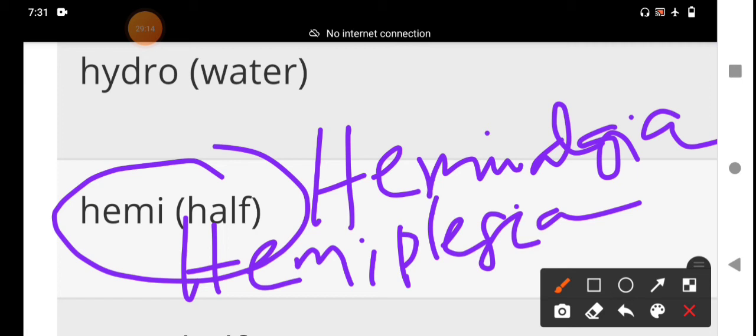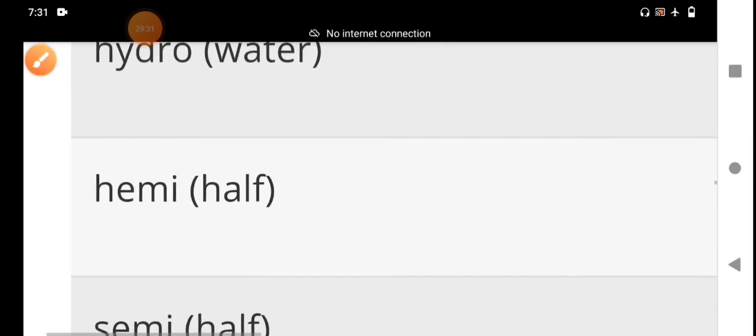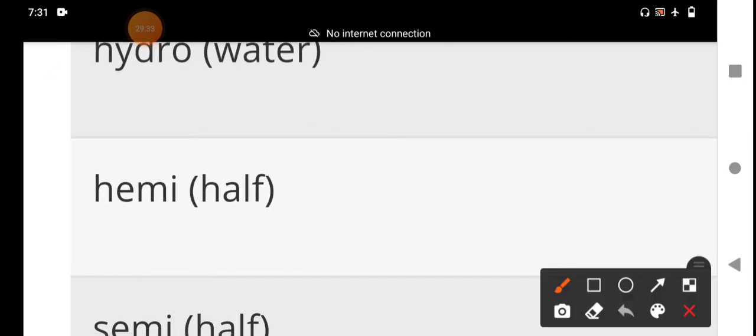Here, students, concentrate mostly on the root word. Another word I will explain personally. Hemi is already completed, and we should write ology.